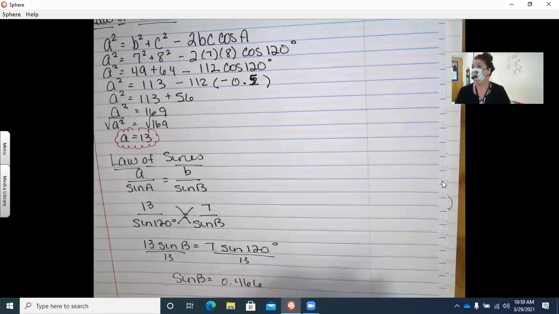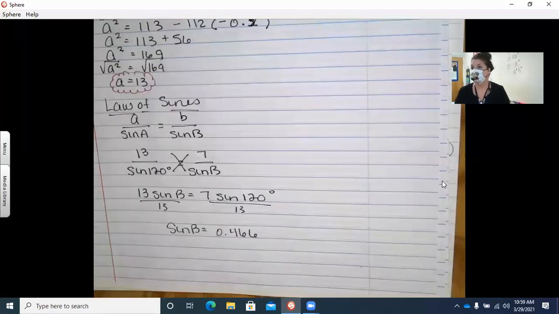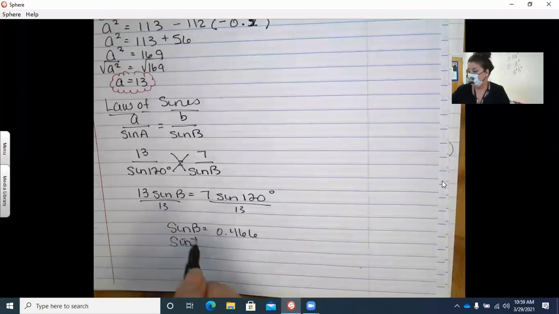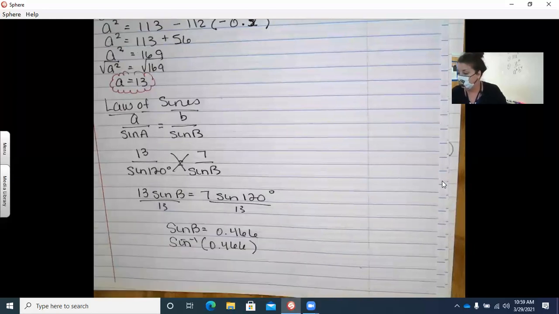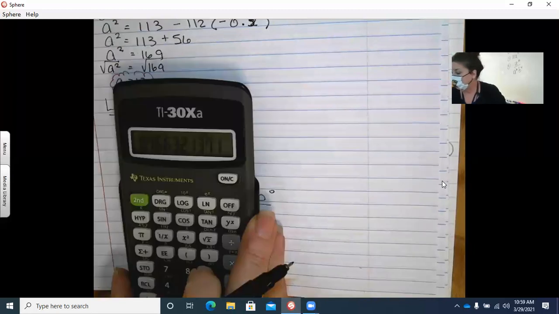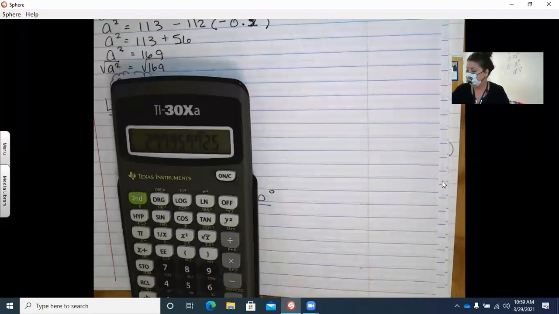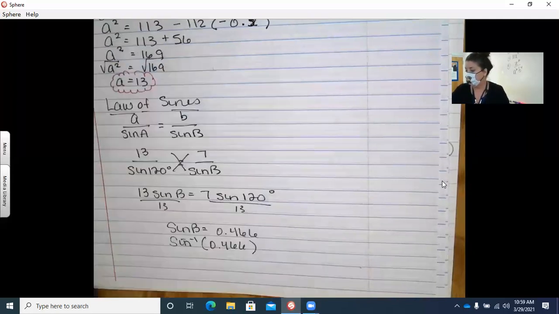Is that my angle? Is angle B 0.466? No, that's the sine of angle B. That's not angle B. To find angle B, I have to do the inverse sine of 0.466. So I'm going to leave the non-rounded version in my calculator, second sine, and I'm going to go with 27.8 approximately. So angle B is approximately 27.8.